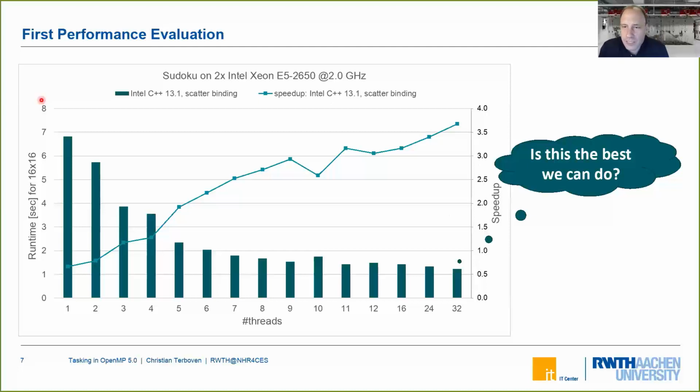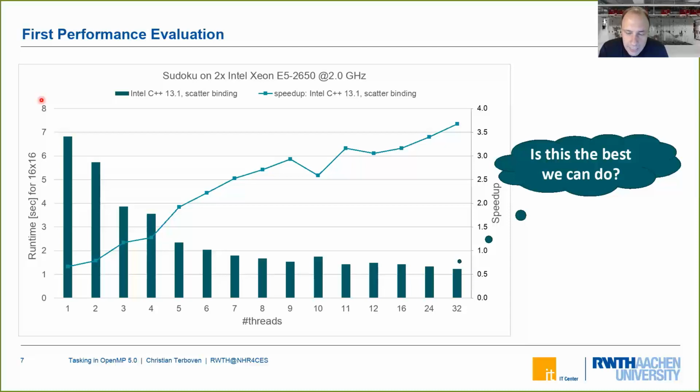But I want to be honest with you. This is a measurement with an older compiler on an almost ancient architecture, but the speedup numbers are not really impressive. The bars that you see here are the parallel runtime, the actual program runtime of this program over the different numbers of threads. And the line you see is the corresponding speedup. A speedup of something like 3.6 on, let's say, 32 logical cores is certainly not overly impressive.